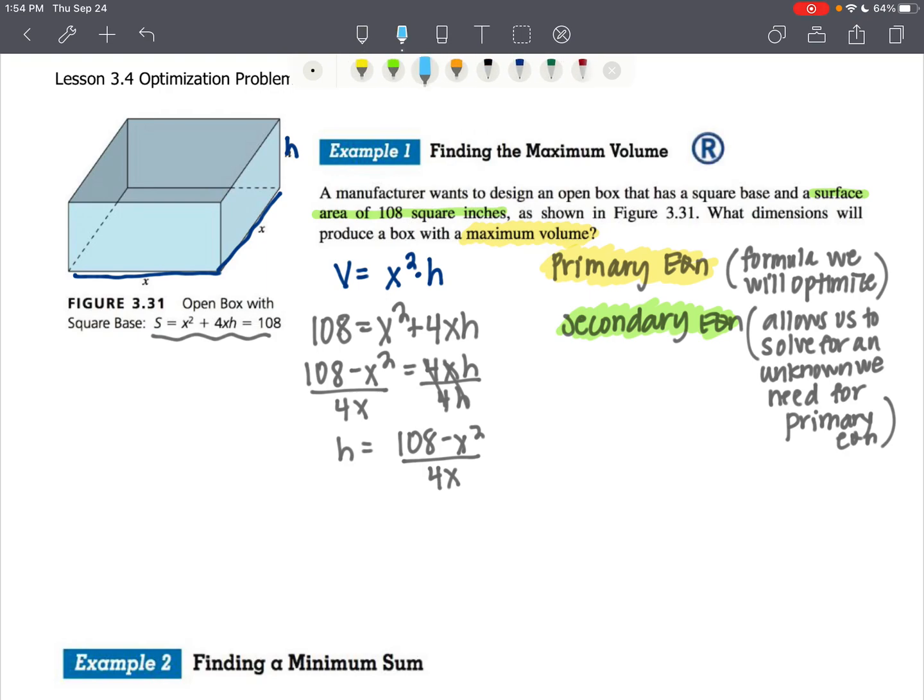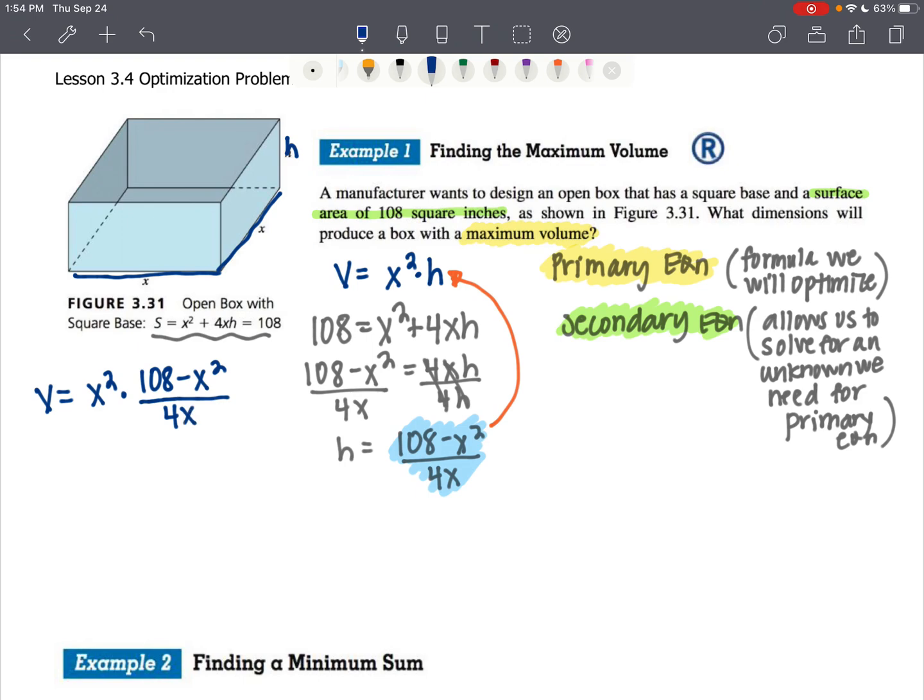And that's going to allow us to eliminate one of the three variables in our primary equation. So we now have volume equals x squared times 108 minus x squared over 4x.